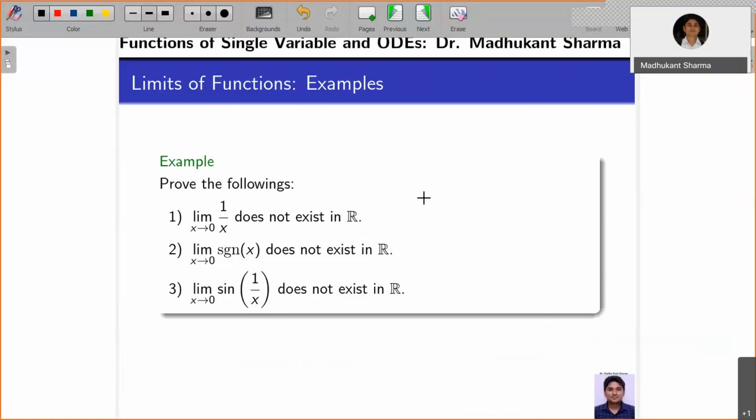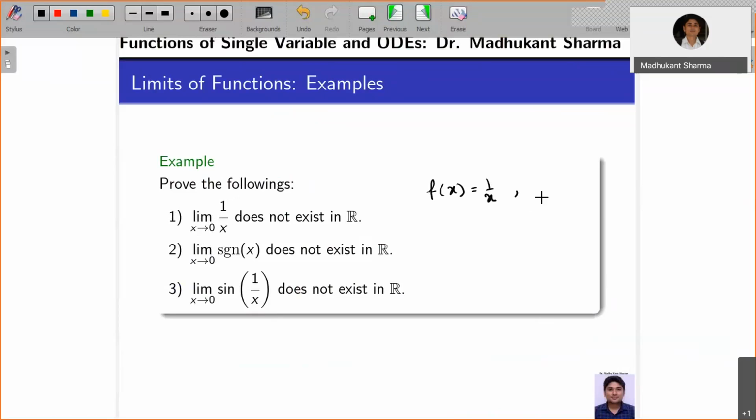If you compare, f of x is 1 by x, it is defined everywhere except at 0. So you try to find a sequence in that neighborhood which converges to 0, but whose image does not converge, then you are done.